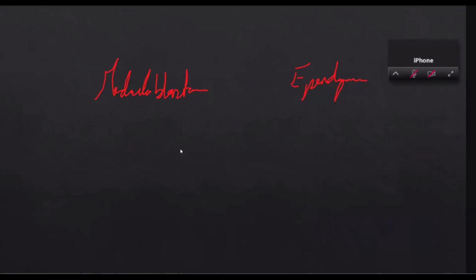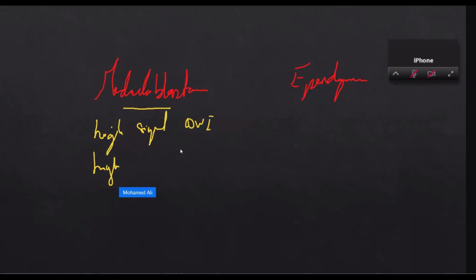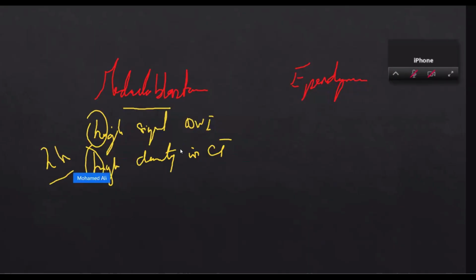Medulloblastoma, remember, high signal in diffusion and high density in CT. So we have 2 H's: high signal in diffusion-weighted imaging because of high cellularity and restricted diffusion, and high density in the CT.